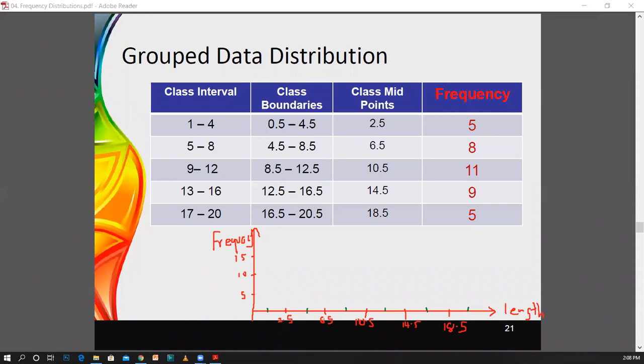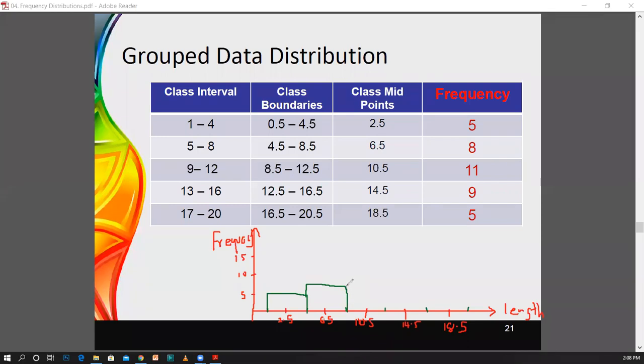Then I can construct the bars according to these heights. For the class associated with the midpoint 2.5, the frequency is 5, so we have a bar with height 5. The next value is 8, so we have to go up to 8, and it is somewhat like this.